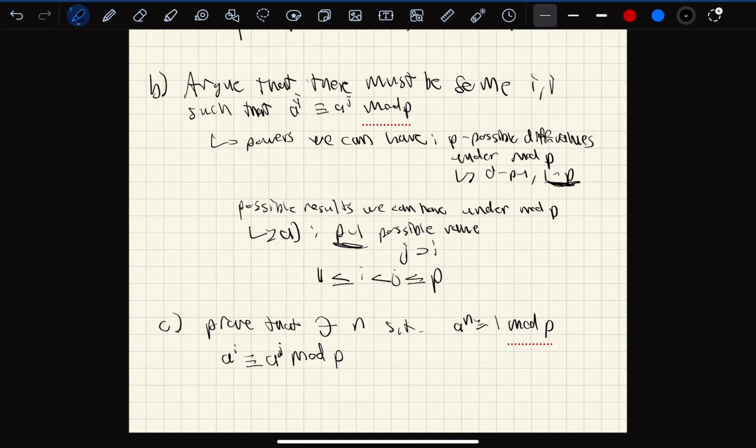So we know that a to the i is congruent to a to the j mod p, but this can also be written, if we just subtract a to the i from both sides, as a to the j minus a to the i is congruent to 0 under mod p.